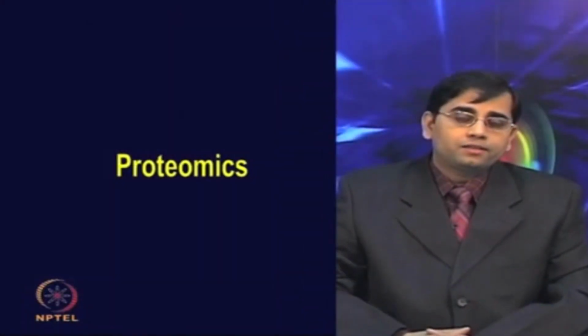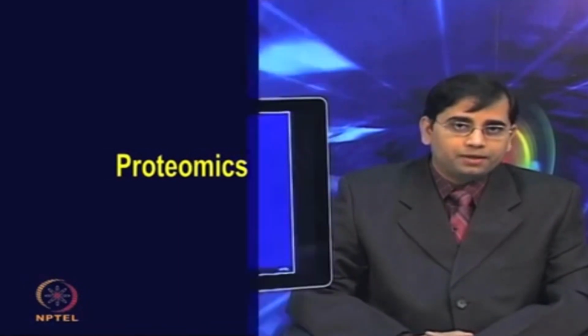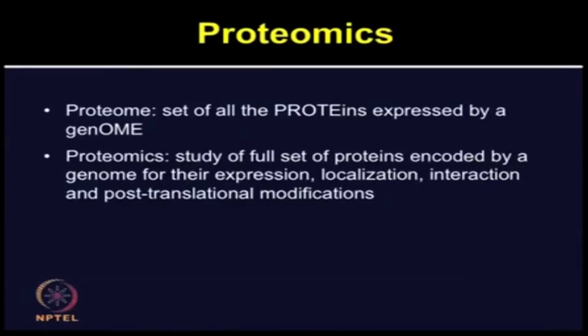So, let us first start with proteomics. If you remember from the previous lecture, proteome is the set of all the proteins which are expressed by a genome. Proteomics is a study of proteins and their properties to provide an integrated view of cellular processes. What are these different properties?